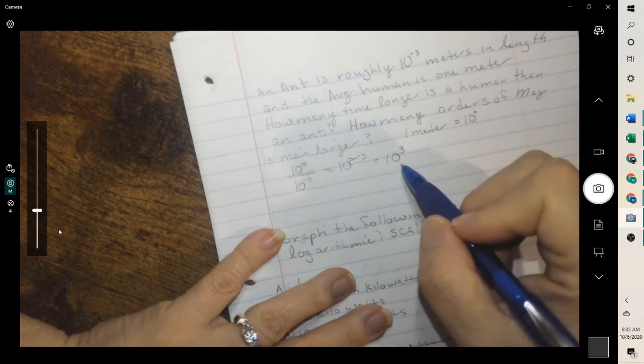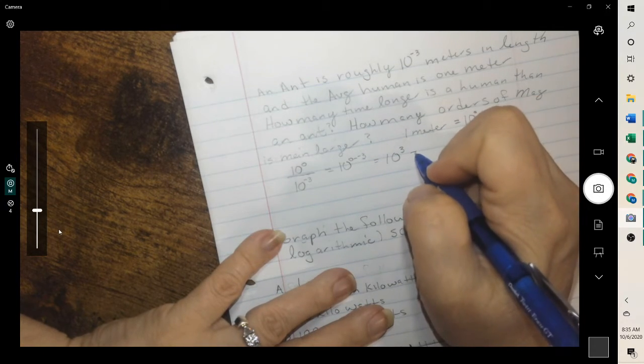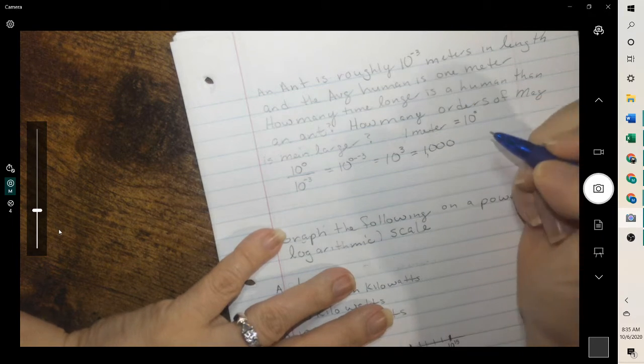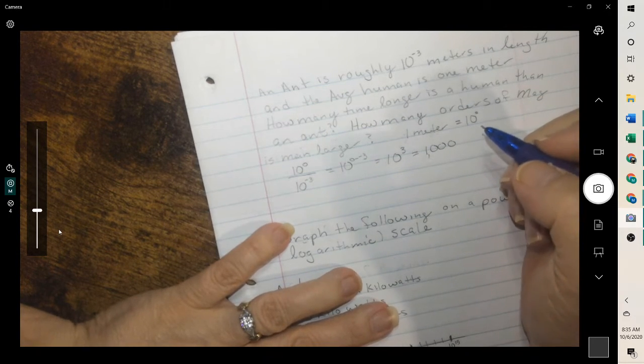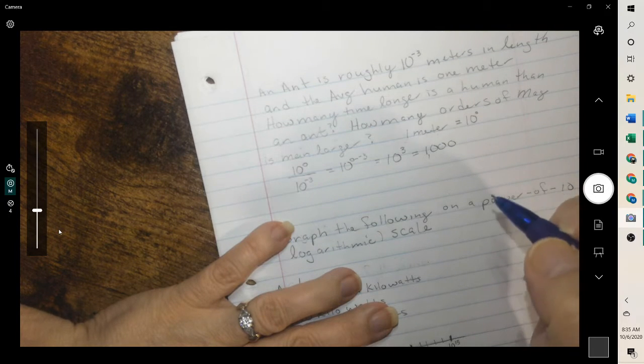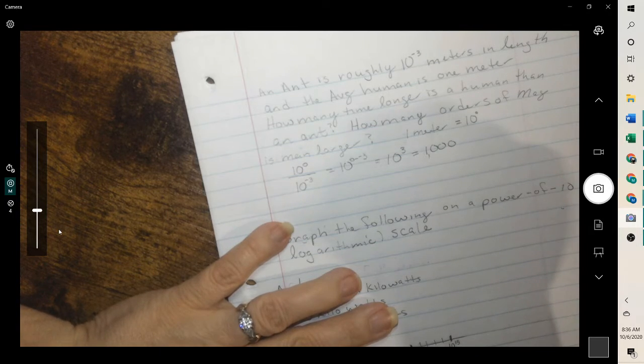So a human is 10 to the 3rd times larger. We could even write that 10 to the 3rd would be 1,000 times larger than an ant. Or the order of magnitude is 3. So it's 3 orders of magnitude larger.